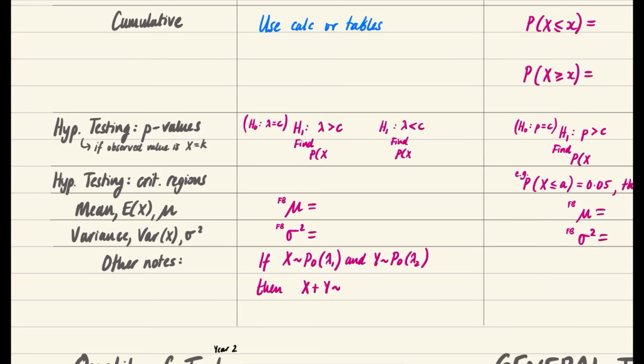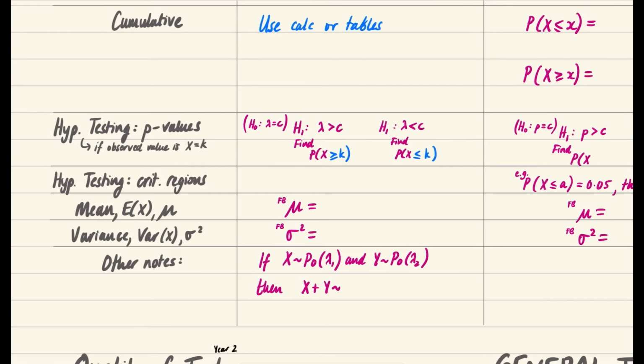Well, for this observation of k, we're just going to say, what's the probability that x is greater than or equal to k? The result of that would be the p-value. If it's less than, it would obviously be less than or equal to k. I've only done an example here with one-tailed tests, but be aware that you could have two-tailed tests as well.